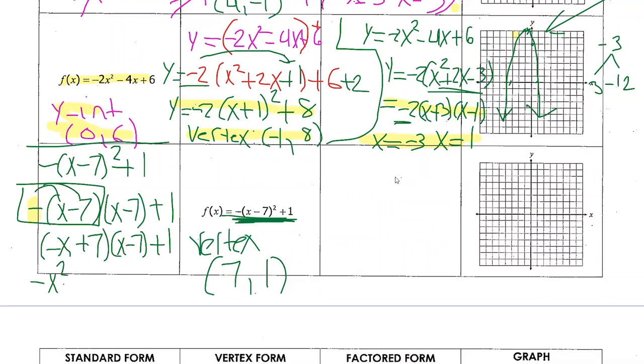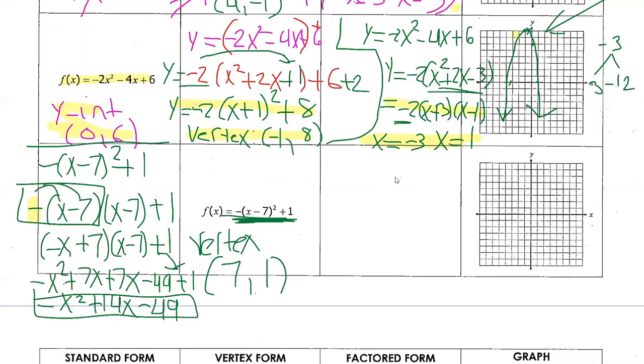Negative x times minus 7 is plus 7x. 7 times x is plus 7x. 7 times negative 7 is minus 49. And then the plus 1 comes down. If we clean this up, this is negative x squared plus 14x minus 49.